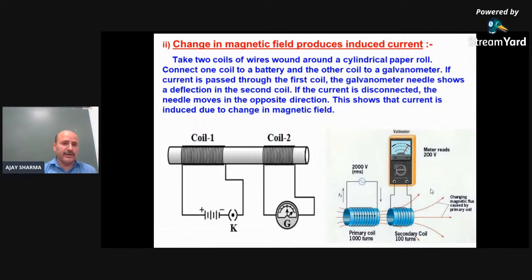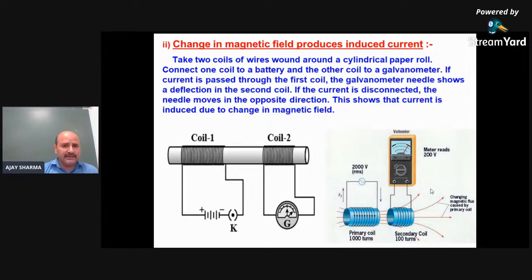This is very important because coil number 2 is very close to coil number 1. As soon as I make changes in coil number 1, the magnetic field of coil 1 gets associated with coil number 2. Now what we will observe practically is that there is deflection in the galvanometer.